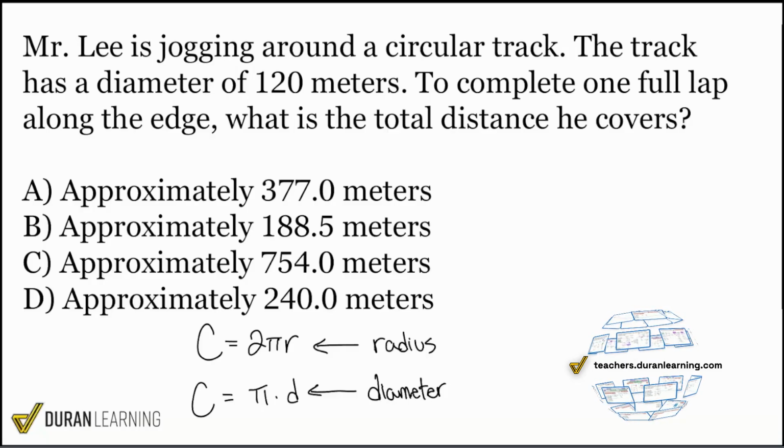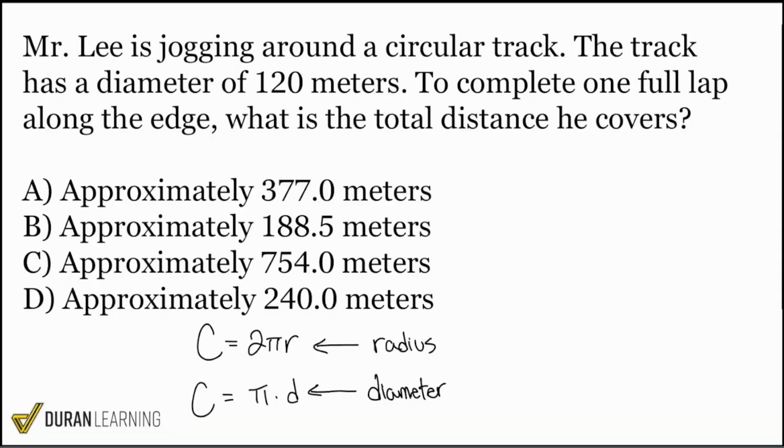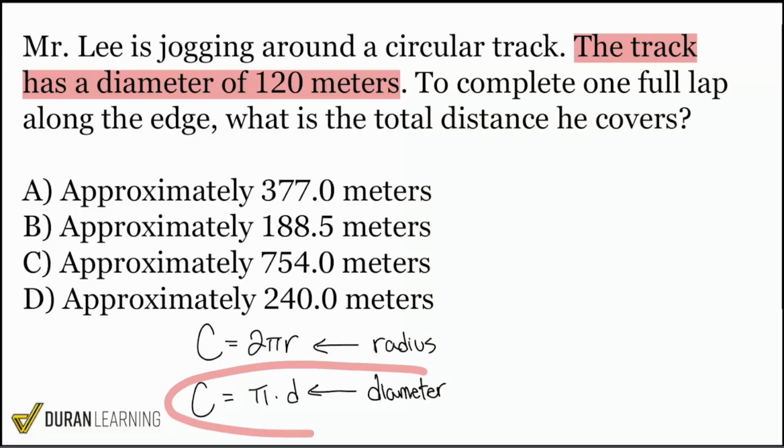So, with that said, everyone, which of the two are we clearly given in the wording of the problem? Yeah, we're clearly given the diameter right here. It says the track has a diameter of 120 meters. So with that, that's what tells us which of the formulas to use.